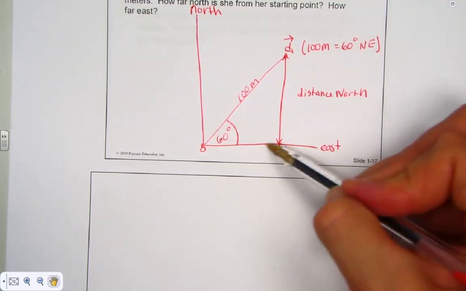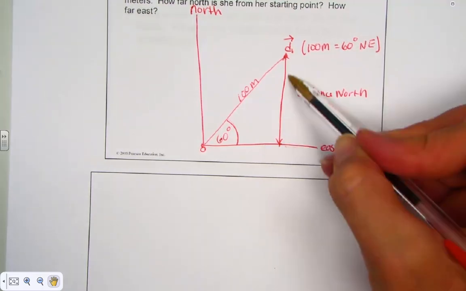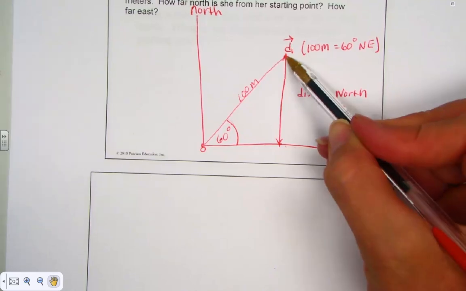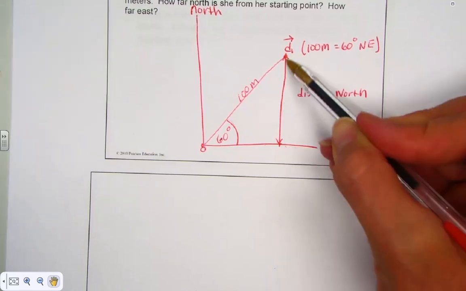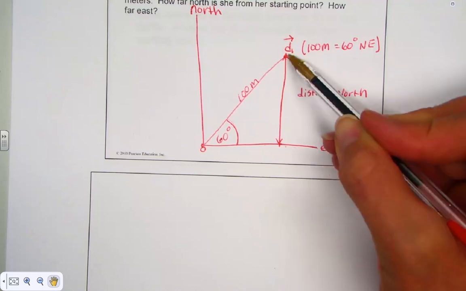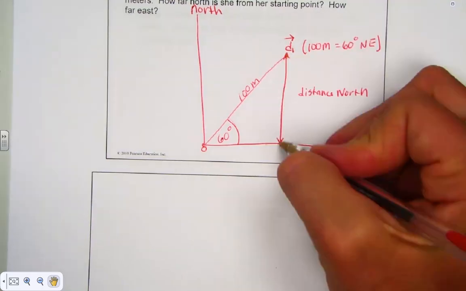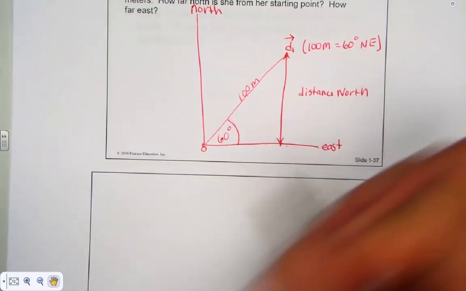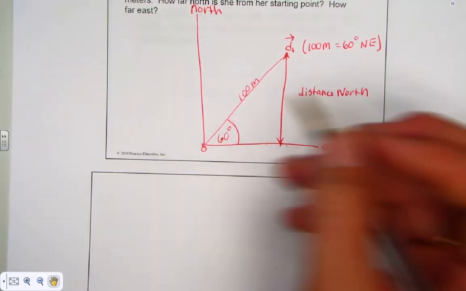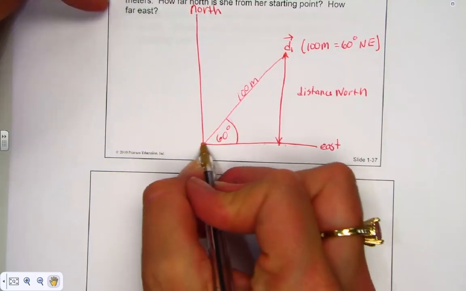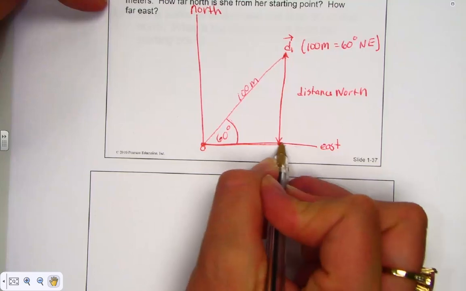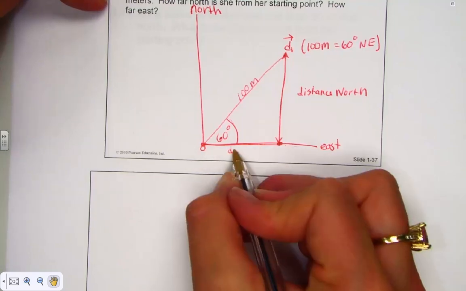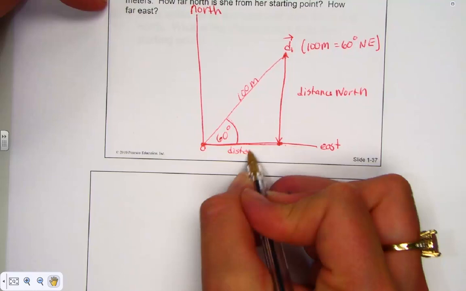From the x-axis being due east to the ending point of our journey, we're heading straight up in a straight fashion here, that's directly north. The line segment that I'm drawing here represents the distance north. The line segment from the origin to the point we just finished represents the distance east.